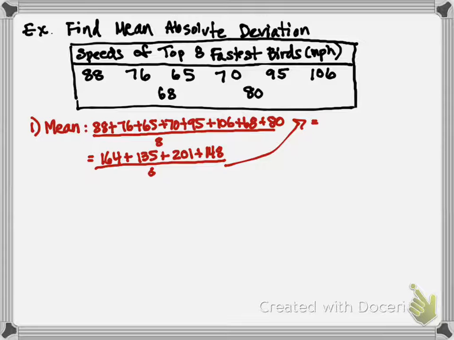The first two give me 299. And then the last two add up to give me 349. And we end up getting 648 over 8, and then that gives me 81. Wow, we got a nice whole number, okay? Now we're going to figure out all the differences.